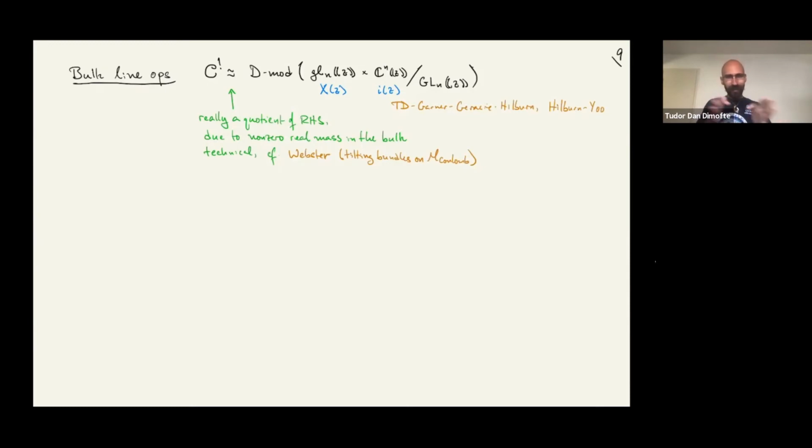And objects in this fancy category involving a loop space can precisely encode either poles or zeros in various hypermultiplet fields as we get close to the line.